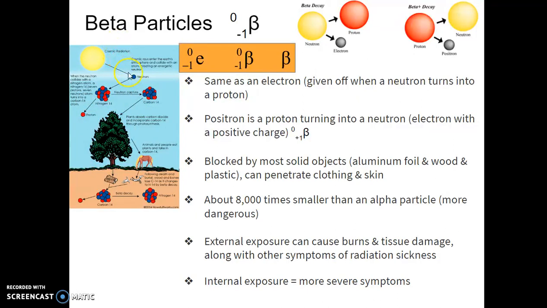So the cosmic rays enter Earth's atmosphere and collide with an atom, creating an energetic neutron. That neutron then bombards other elements. So when that neutron collides with a nitrogen atom, a nitrogen-14 atom turns into a carbon-14 atom, and then that carbon-14 is absorbed by living organisms because all living organisms are carbon-based.